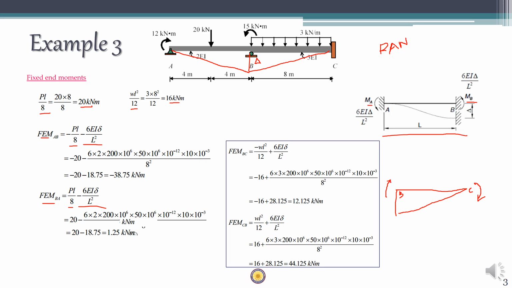These reactive moments are clockwise, which means that they are positive in value. So FEM BC due to delta is positive. Similarly, FEM CB due to delta is also positive.